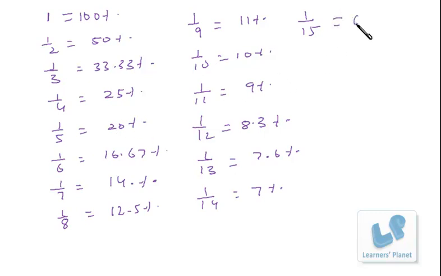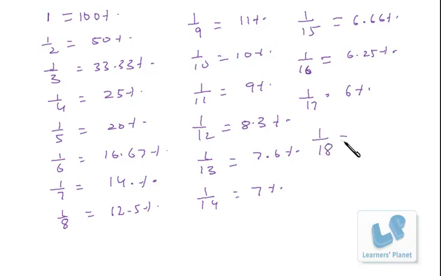so it is 6.66%. Then 1 by 16 is half of 1 by 8, that is half of 12.5, that is 6.25%. Similarly, 1 by 17 is around 6%, because 17 times 6 is 102, so it's around 6%.